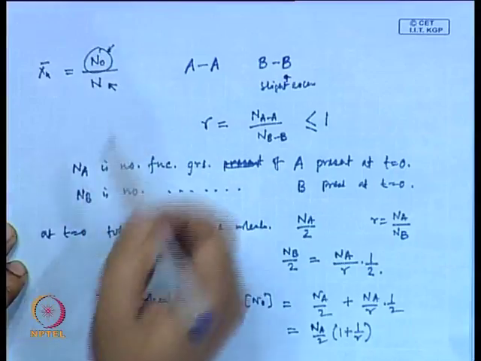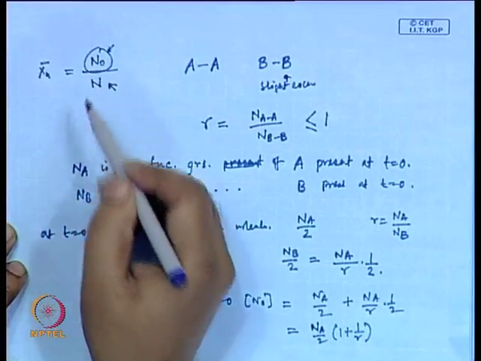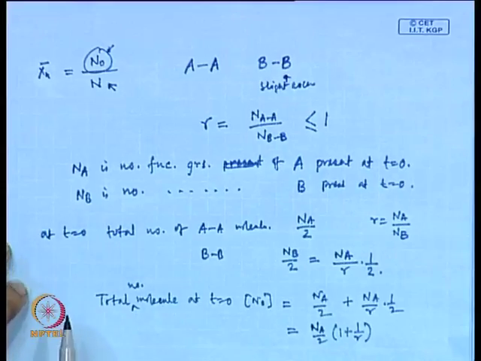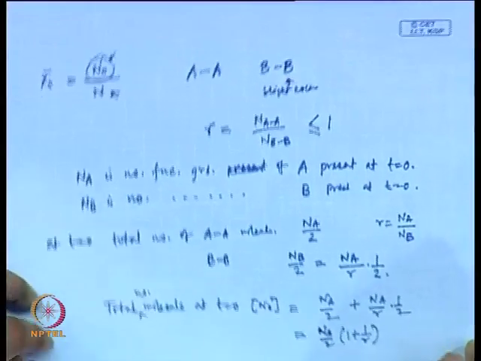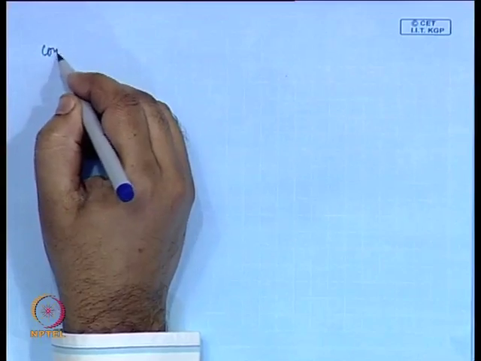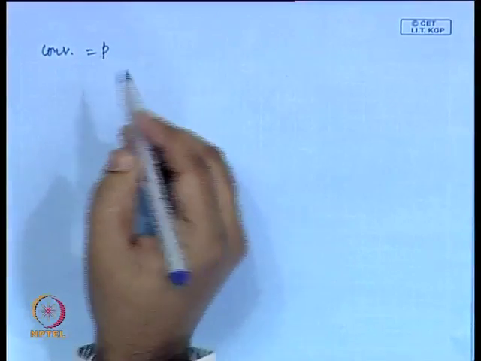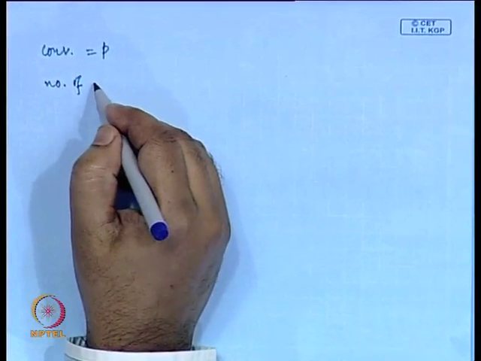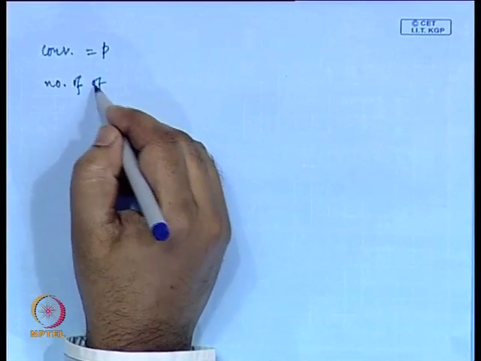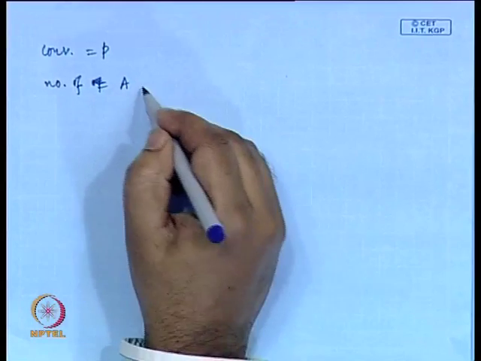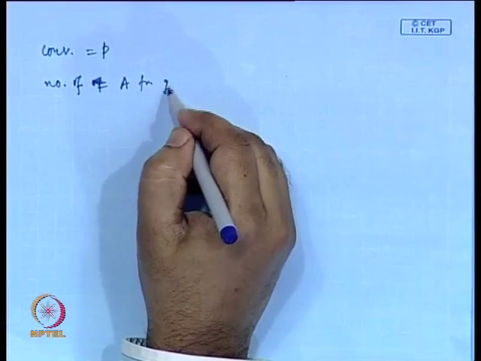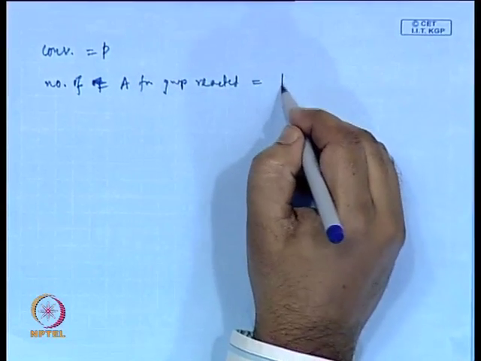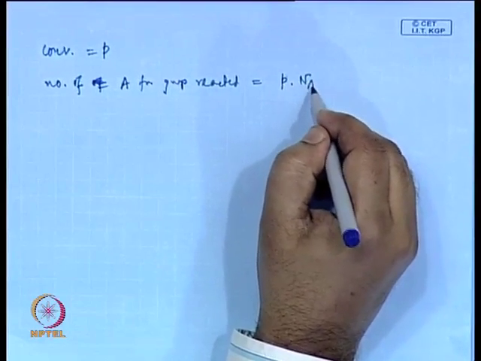We know N0. Now we have to find out N, which is the number of molecules at time t at some reaction. Now, if conversion is P, the number of A functional groups reacted is P into Na.